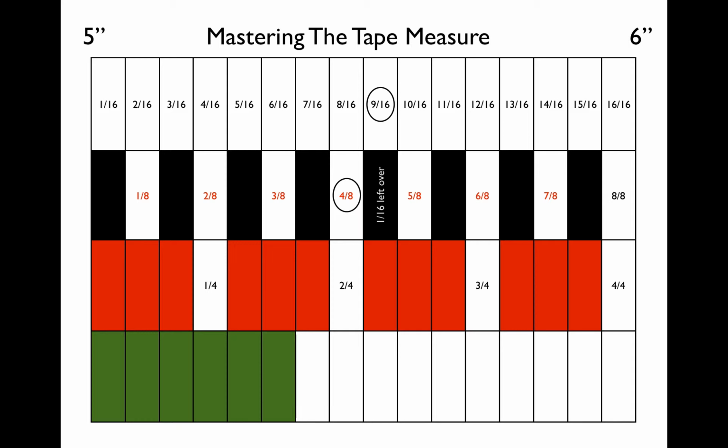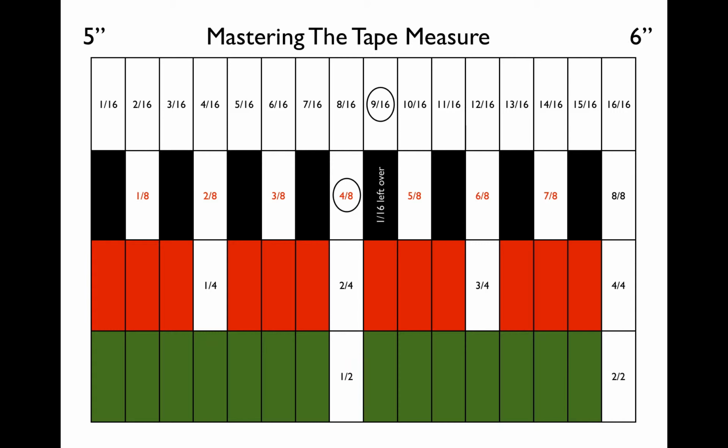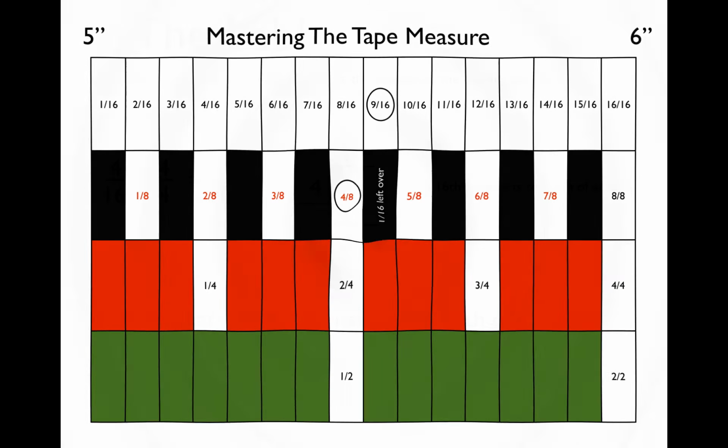Every 8 consecutive 16ths is equivalent to a 1/2 of an inch. Now let's look up here. You show me the top of any 16th. I should be able to divide 2 into that top numerator, and it should give me the equivalence to the 8ths. So 2 will go into 9 4 times. So that's why it's 4 8ths with 1/16 left over.